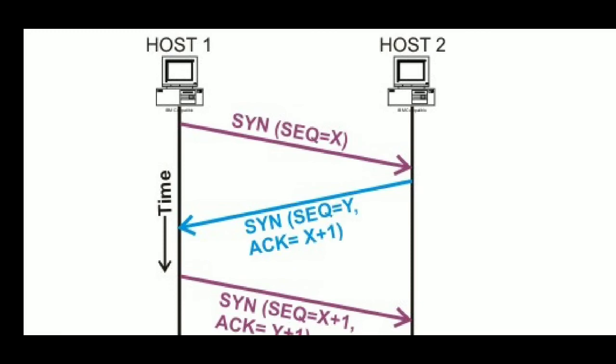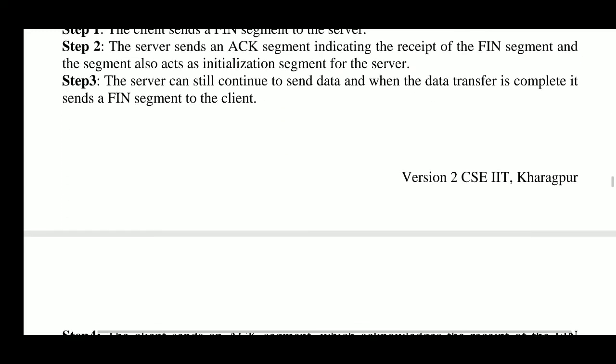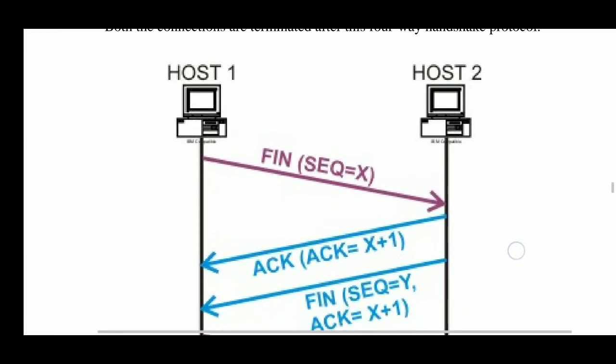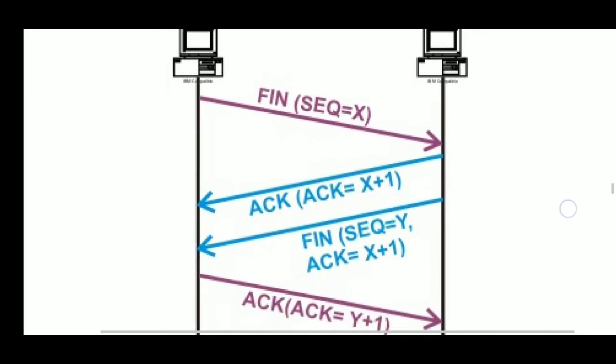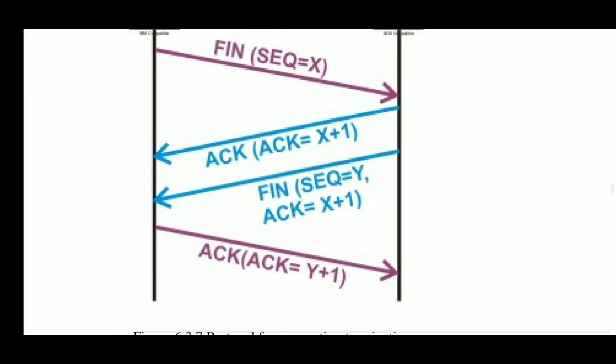Similarly, the connection termination process can be done by the FIN flag. The client sends a FIN segment to the server, then the server sends an acknowledgement segment indicating the receipt of the FIN segment.